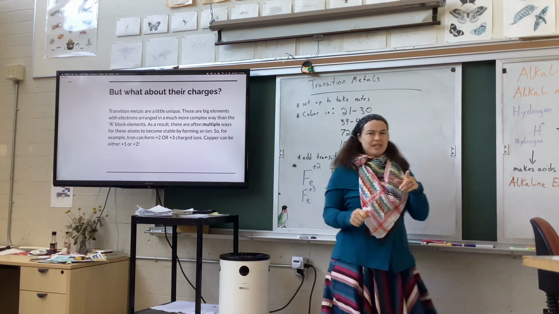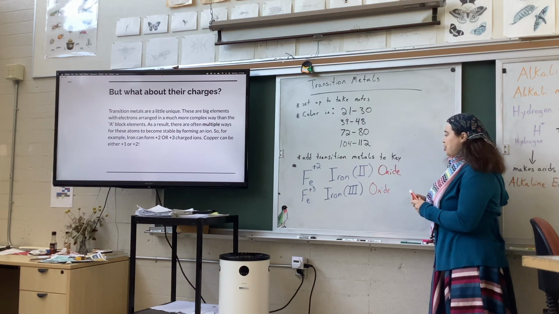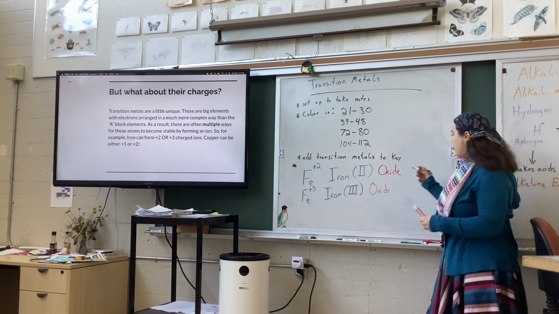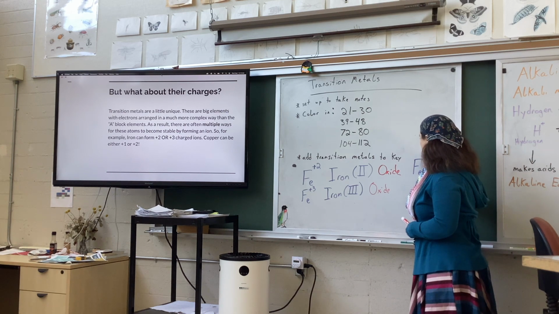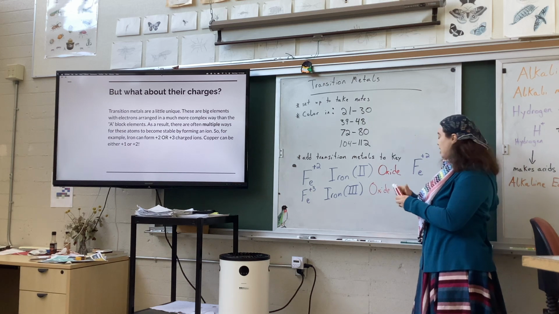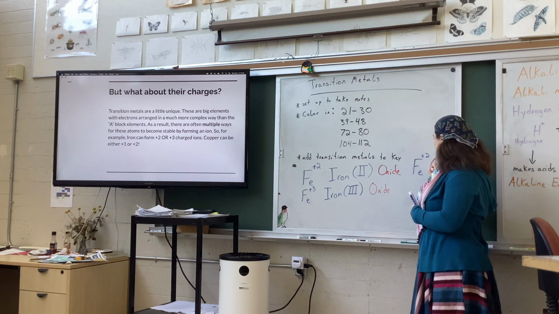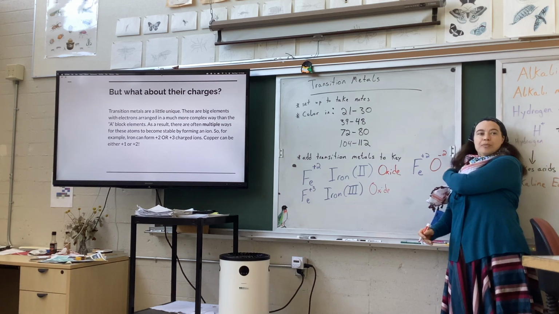Iron with a charge of +2, if that's bonded with oxide, is pretty simple. We've got iron with a charge of +2, which I can tell because the name is iron(II), and then we've got oxide, which is -2. So this is my chemical formula.